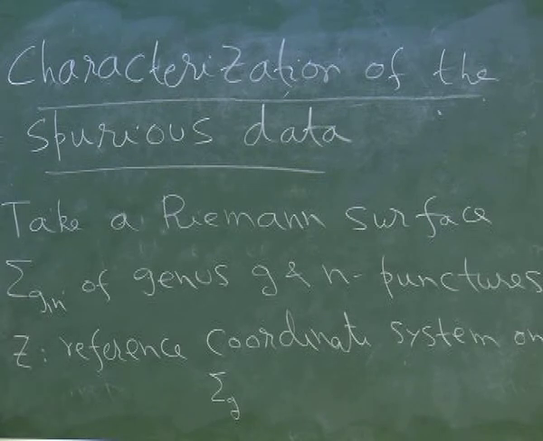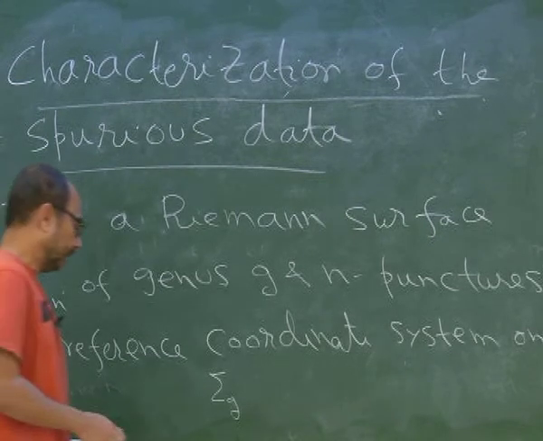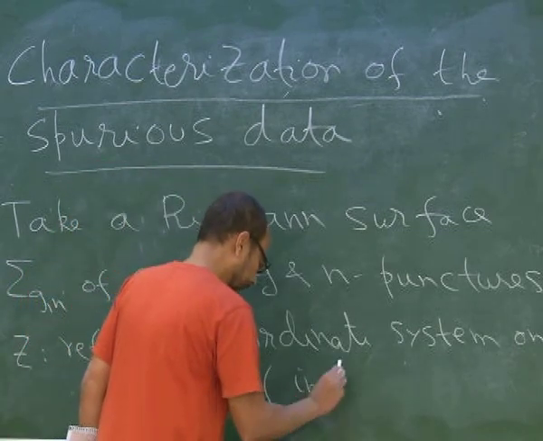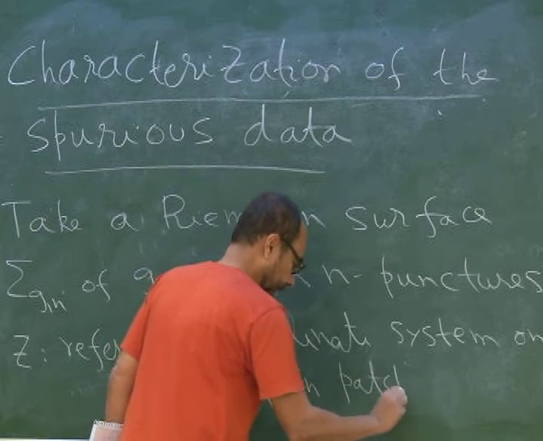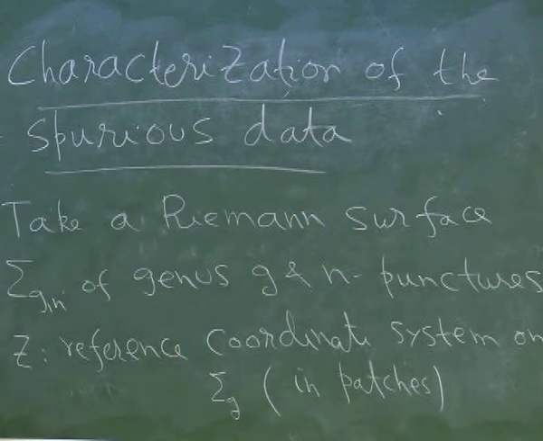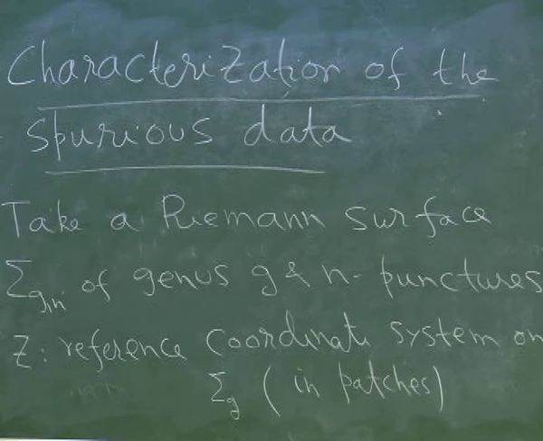Of course, it may have to be done in patches. So basically this quantity z will stand for the system of coordinates on various patches. But there is some fixed coordinate system that we choose.